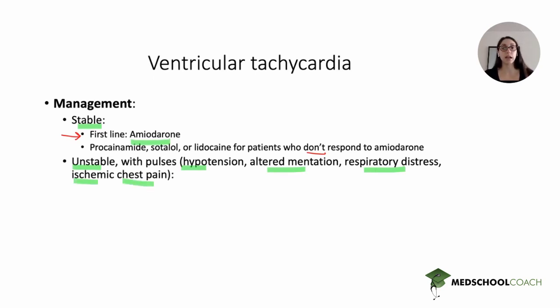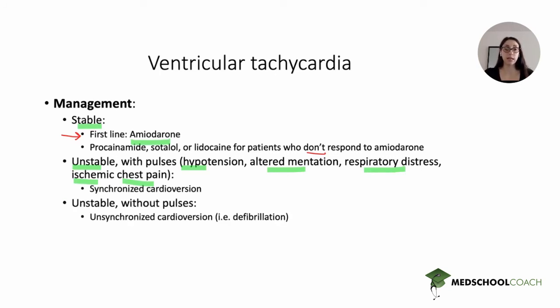So unstable VTAC with pulses gets synchronized cardioversion, and unstable VTAC without pulses gets unsynchronized cardioversion, so defibrillation. So you should be able to identify VTAC in a question. You should be able to identify which of these three categories we're falling into in terms of management, and then identify what the first line management would be for each of these categories.